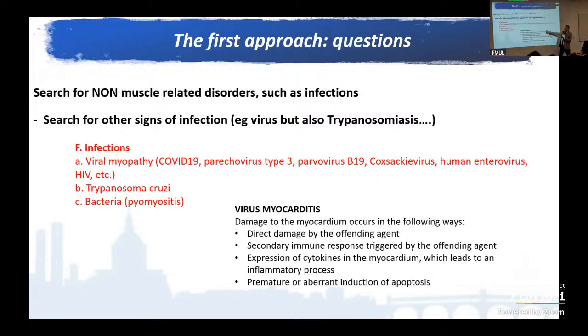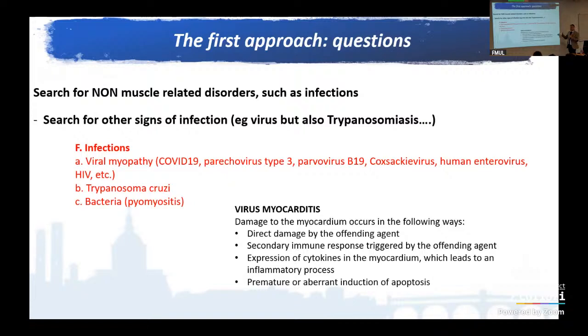And we should consider in particular that viruses may be an important cause of increase of CPK. In particular, they may be involved in viral myocarditis. That is always a possibility we should consider when we are called in intensive care unit or in cardiology looking at one patient with myocarditis.